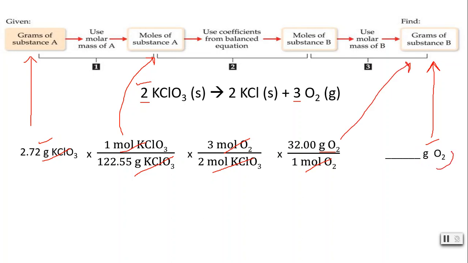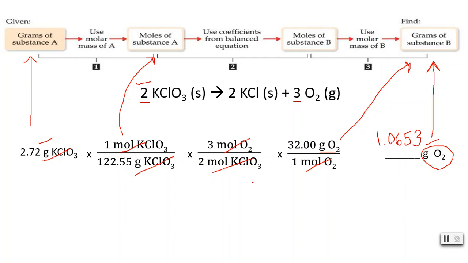I'm at the unit that I want for my answer. So everything in the numerator multiplied, everything in the denominator divided. And what should come out of your calculator is 1.0653.